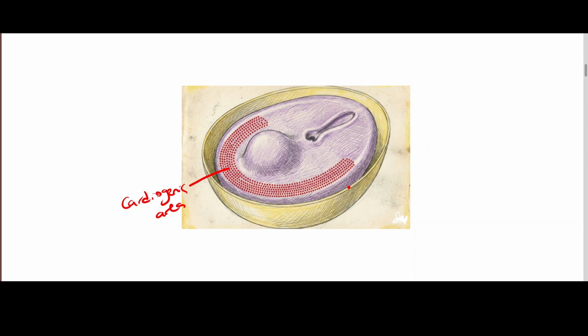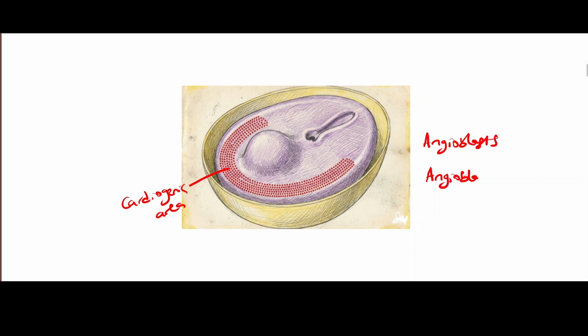Okay, so within the cardiogenic area, clusters of mesodermal cells differentiate into angioblasts. And these angioblasts organize themselves into solid cellular strands called angioblastic cords.